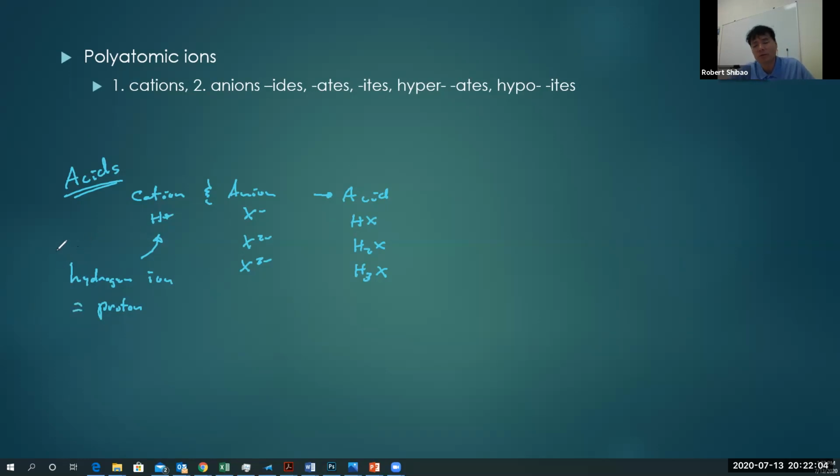If we're dealing with H1. If we're dealing with H2, hydrogen 2, then we are left with a proton and a neutron. But 99.9% of the hydrogen is H1. And so for 99.9% of it, we're just left with a proton if we lose the electron.